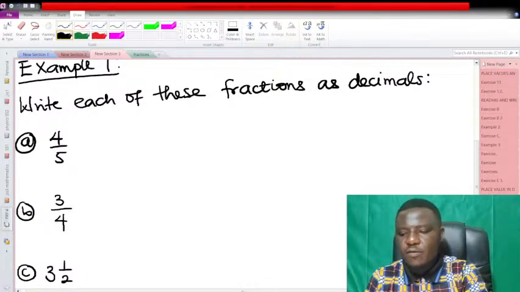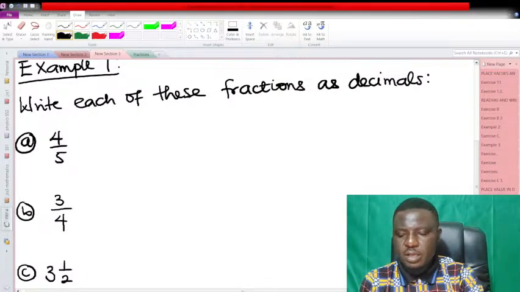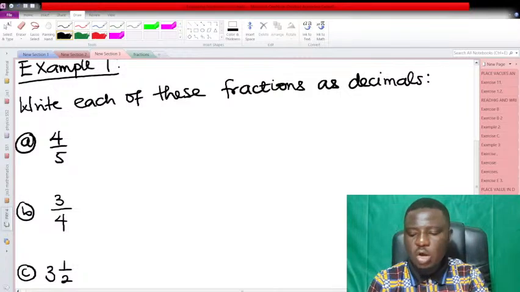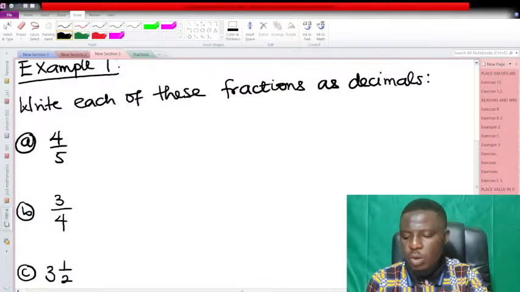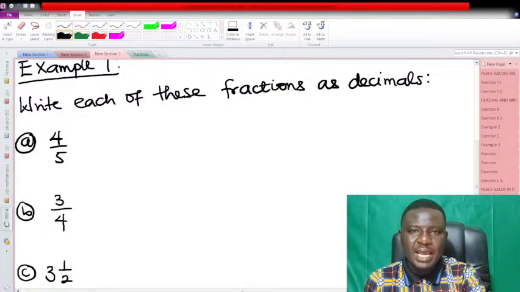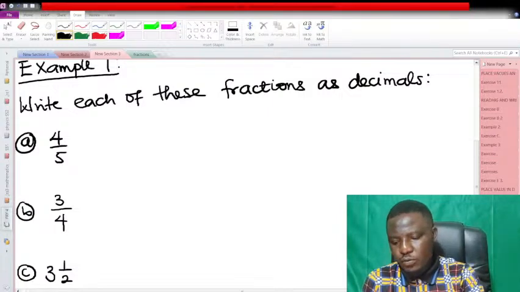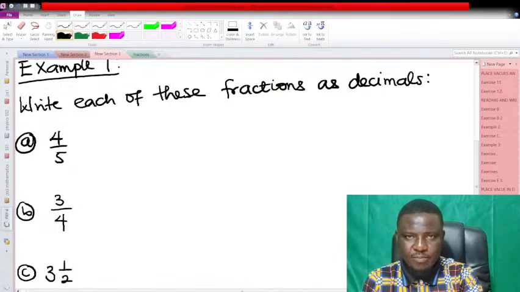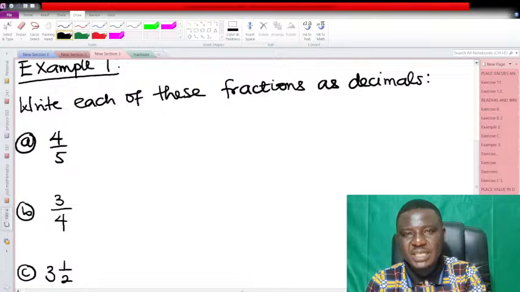How are we going to make 4 divided by 5 a decimal? Now, you should concentrate on the denominator. Ask yourself, what number will I multiply 5 with or divide 5 by to make it a multiple of 10?